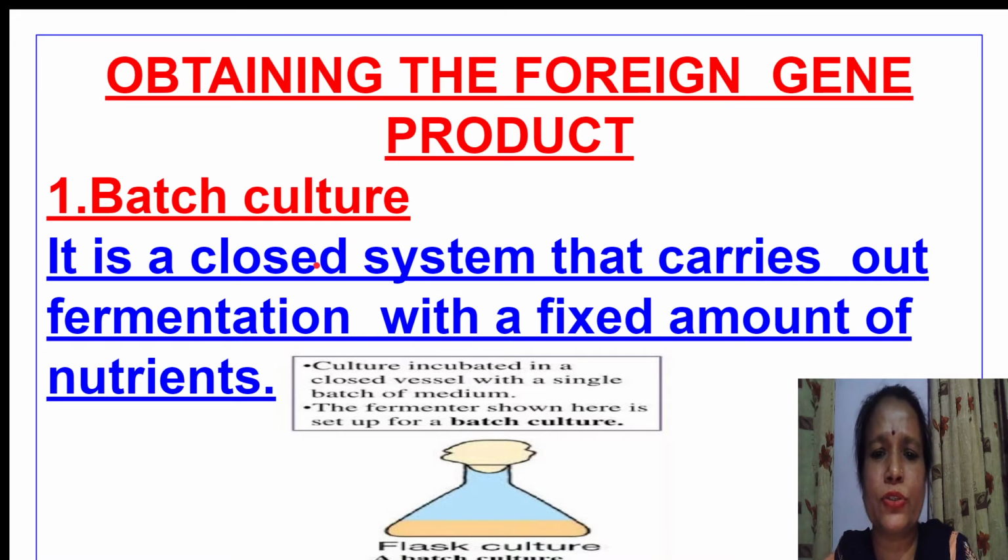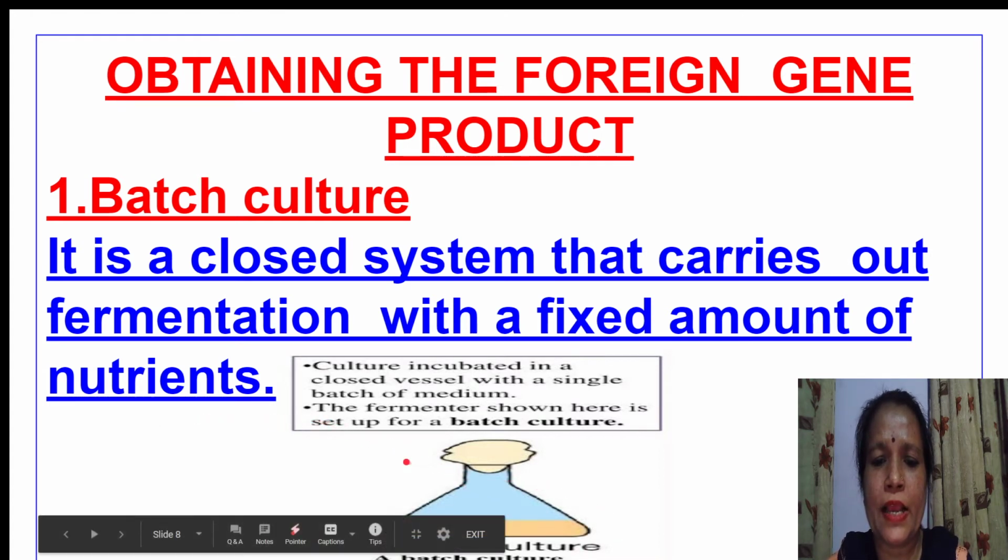It is a closed system that carries out fermentation with a fixed amount of nutrients. In this case, we add the nutrients as well as our inoculum from one side, and the process continues in this closed vessel.